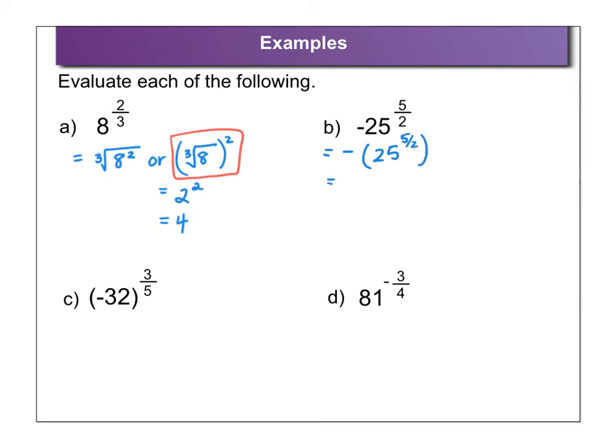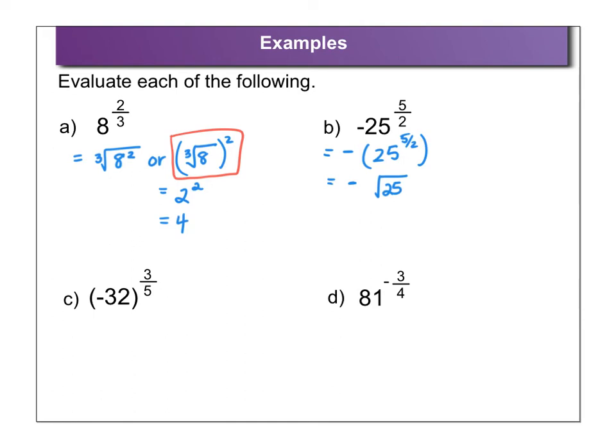Once we establish that that's the case, I can go ahead and rewrite my power with the fractional exponent as a radical. Just like before, I'll write in the root sign. I'll have a 25 as the radicand because it's the base of my power. The denominator of my fraction becomes the root index.